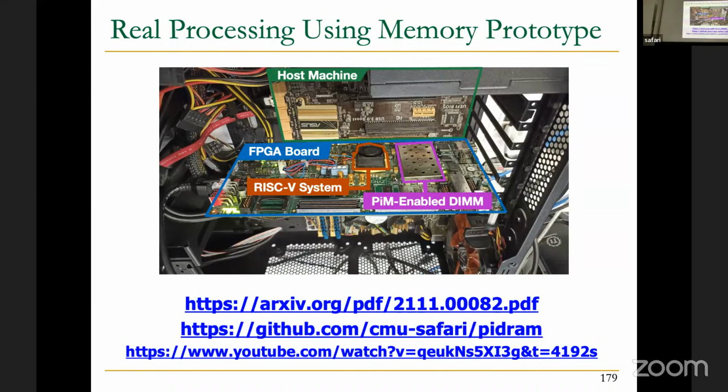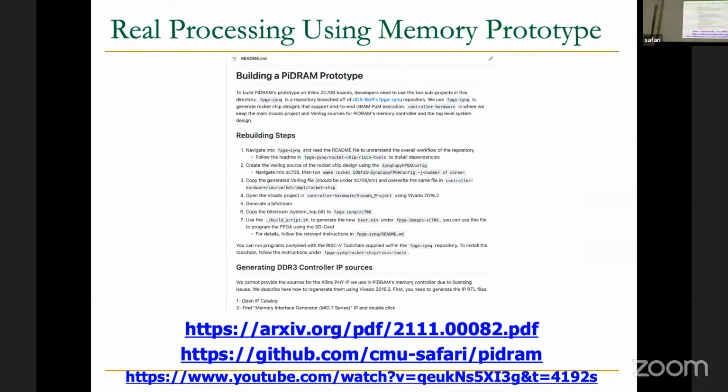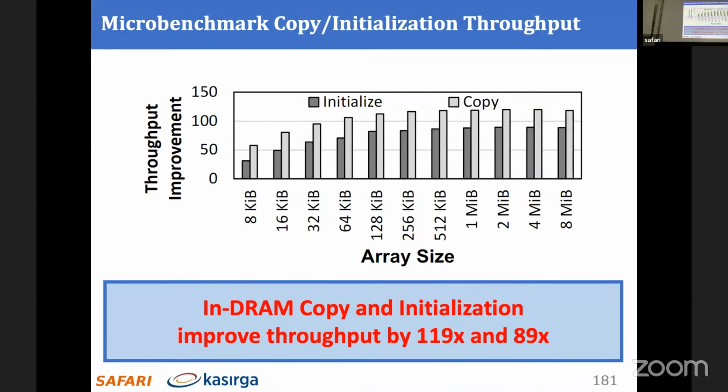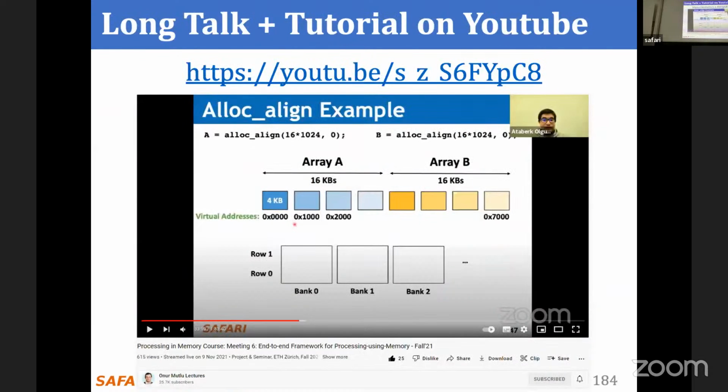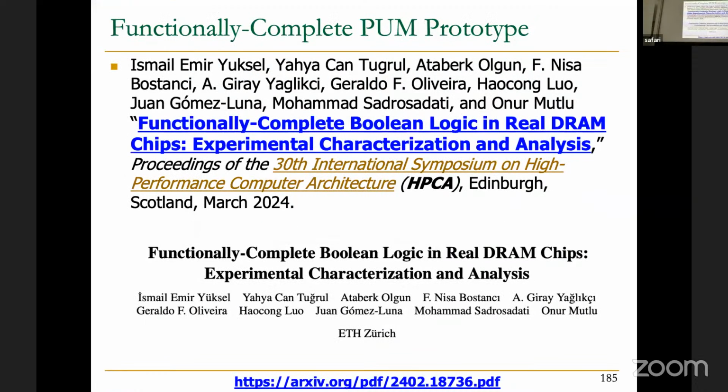We have an FPGA board with a RISC-V processor, and DIMMs that are operated by violating DRAM timing parameters. We implemented row copy and initialization in this PiDRAM system, using commodity off-the-shelf DRAM, and we see that we can do row copy and improve throughput and reduce energy. The source code is available in the papers and on arXiv, and if you have more interest, you can check this video, in which Ataberk gave a lecture on it.